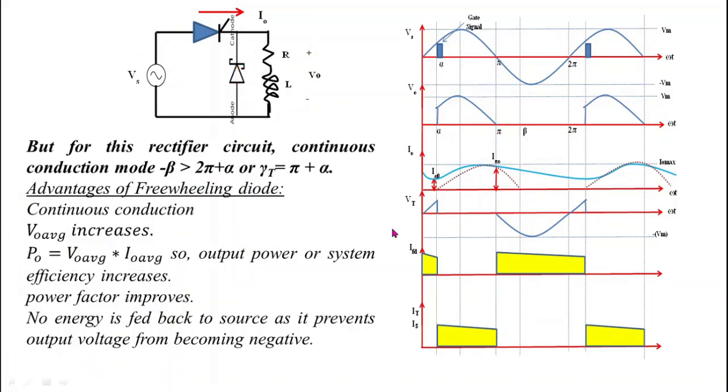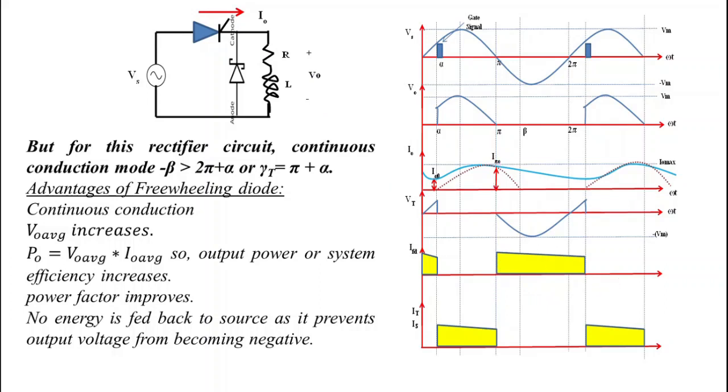This blue waveform of output current is for continuous conduction mode, and these yellow blocks for current across freewheeling diode are also for continuous conduction mode, and the source current Is is also shown for continuous conduction mode. Here we can see that after pi, when this freewheeling diode starts conducting, then the whole current shifts to this freewheeling diode, and we get output current across this freewheeling diode.